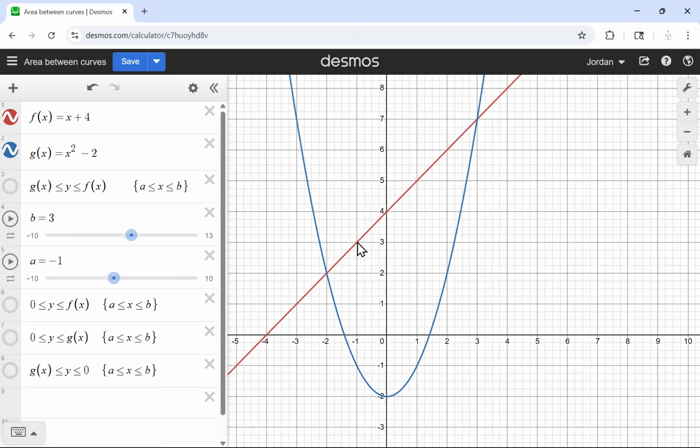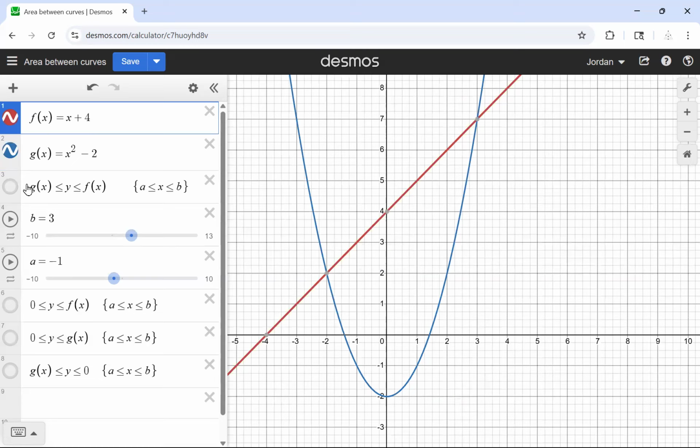Now, between -1 and 3, that is x values of -1 and 3, we can see that y equals x plus 4, the line, is above y equals x squared minus 2, that is the parabola. So in my region, the line is on top.